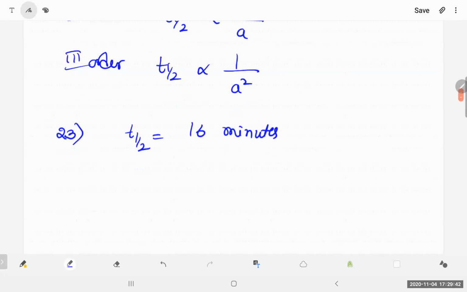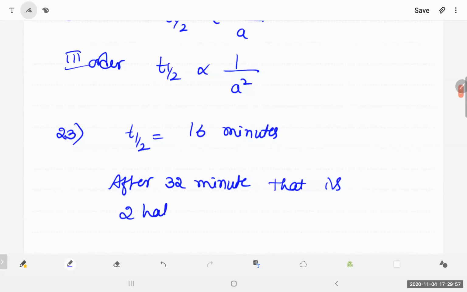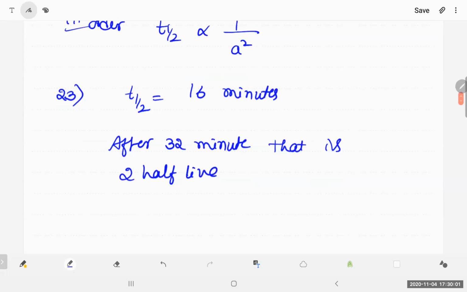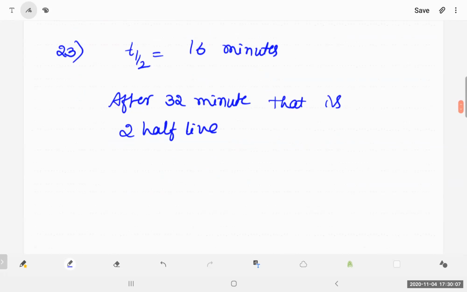So 32 minutes means 2 half-lives. So the fraction that would react in 32 minutes from the beginning is 3 by 4.